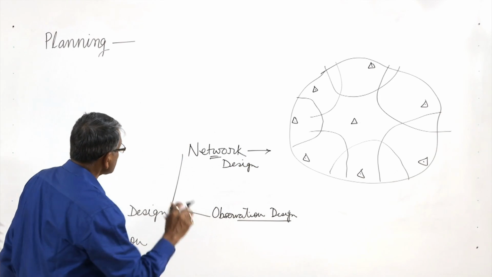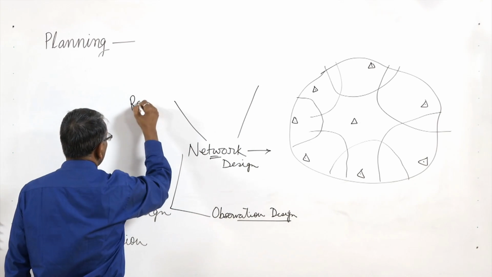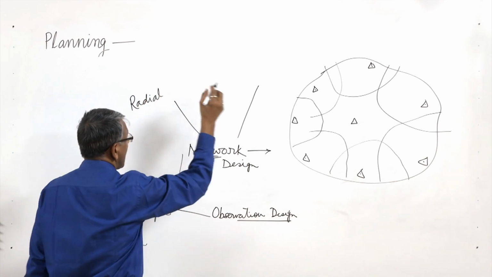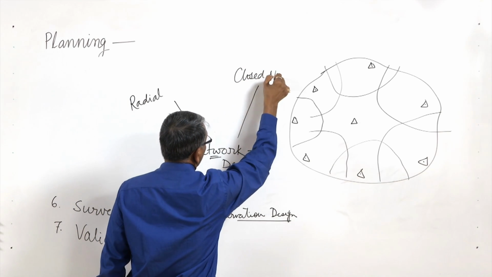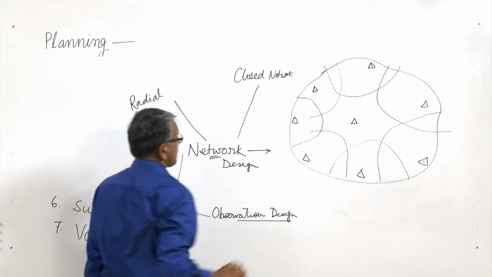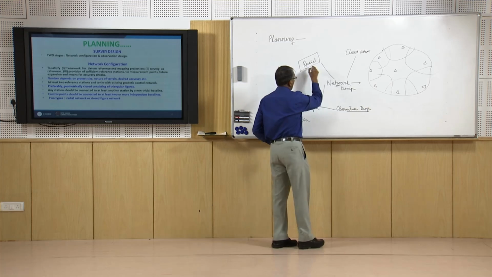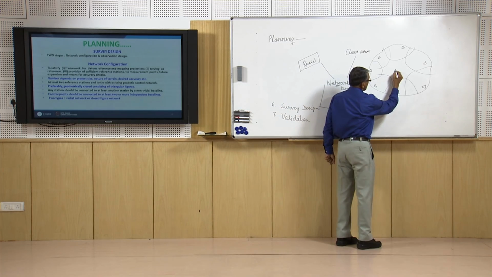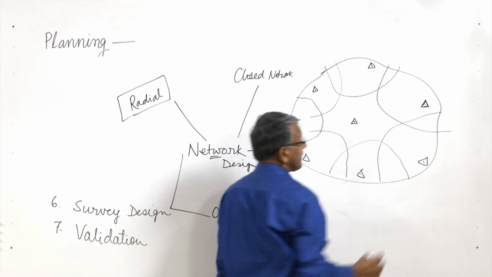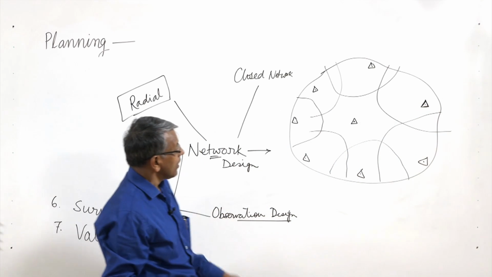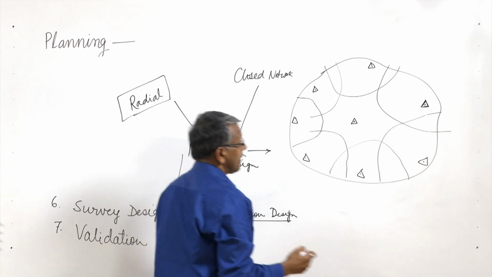Now, there are two standard ways in which a network gets designed at present. One is the radial method, another is the closed network method. In the radial method, one of the receivers will be placed at the center, because we need more than one receiver in relative positioning.